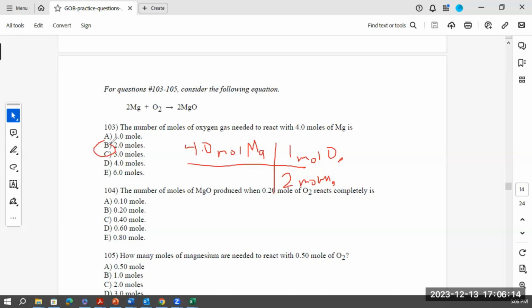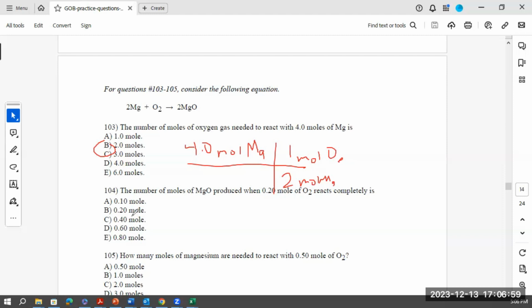Okay, the number of moles of magnesium oxide produced when we have 0.20 moles of O2 react completely. So our choices are A, 0.10, B, 0.20, C, 0.40, D, 0.60, or E, 0.8. What do you guys think?